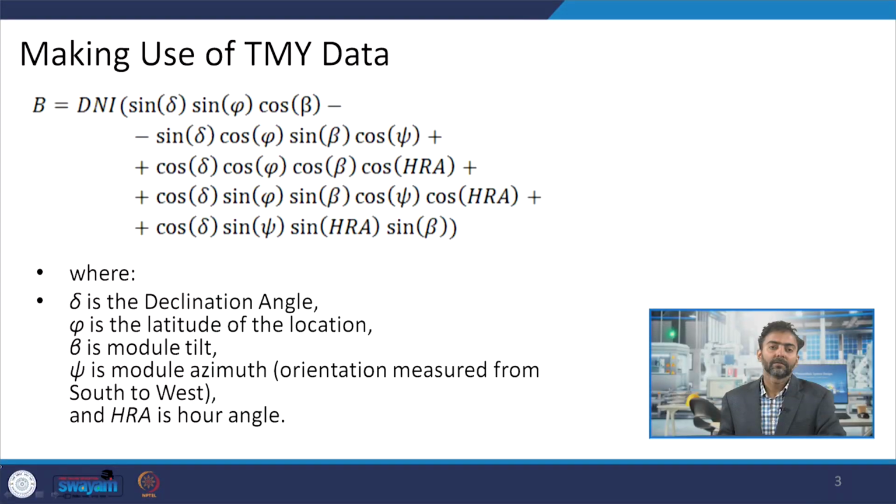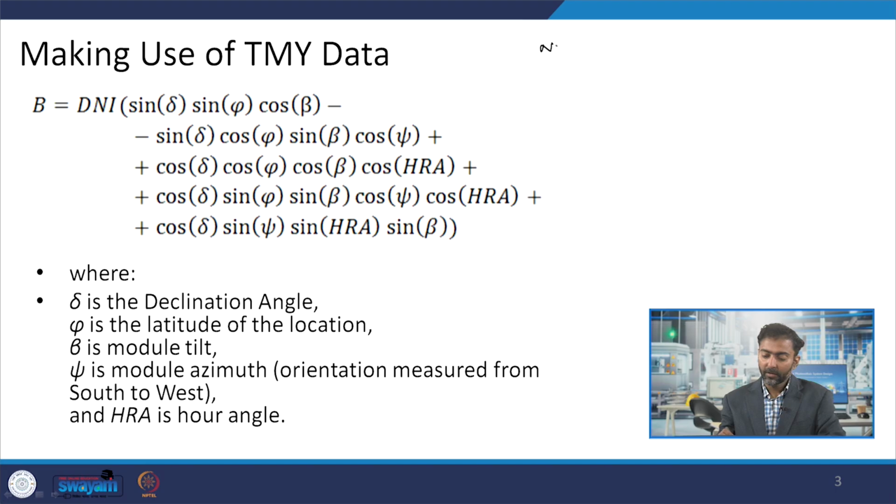So as we mentioned in the last class, we will be looking at a simple Liu-Jordan model which is an isotropic transposition model, and this is how the beam component is modeled in that particular model. And if you remember, last class we talked about one very interesting simplification of this.